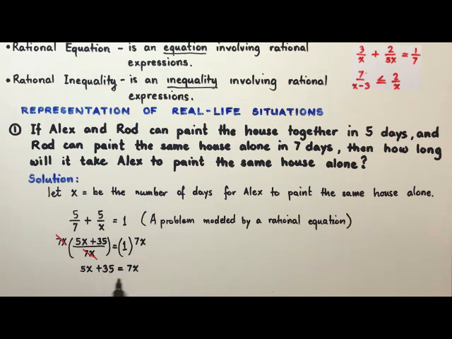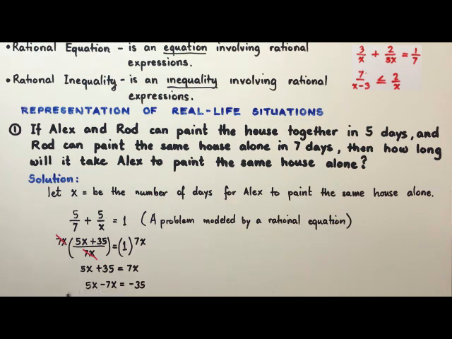So if you group all the terms having x at the left, you will have 5x minus 7x, which is equal to negative 35. Because if I subtract both sides of the equation by 7x, the 7x at the right will be cancelled, but I have a 7x at the left side of this equation.